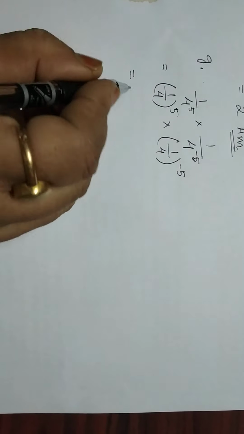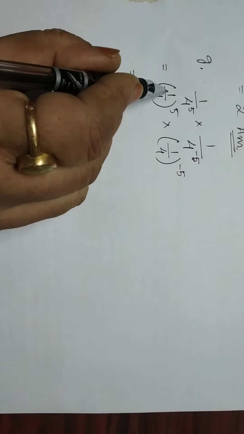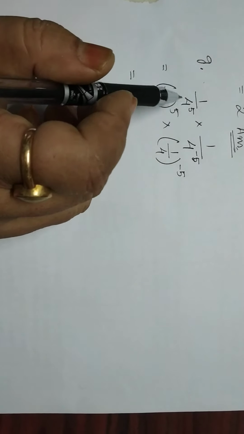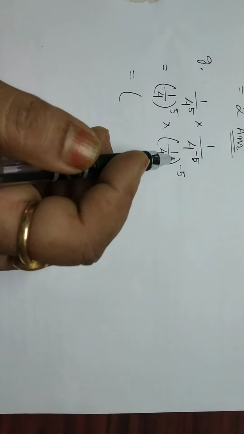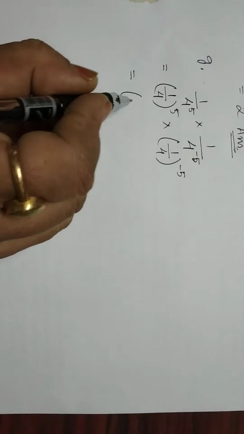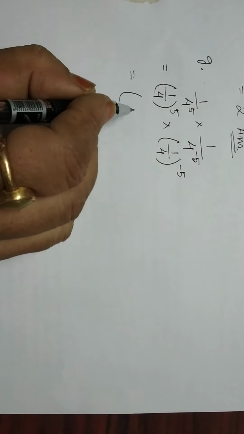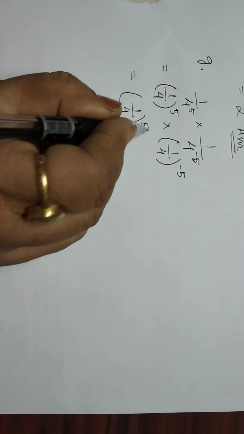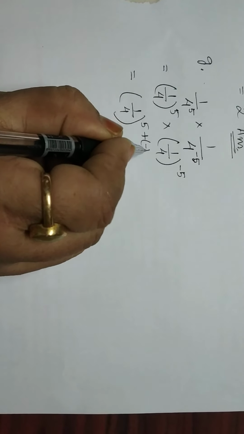Now the bases are the same. Then why do we write 1 by 4 to the power 5? Because 1 to the power 5 means 1. If we multiply 1 two times, three times, four times, five times, then also we will get 1. Now 1 by 4, same base. That's why we write 1 by 4, and this one 5 plus minus 5.